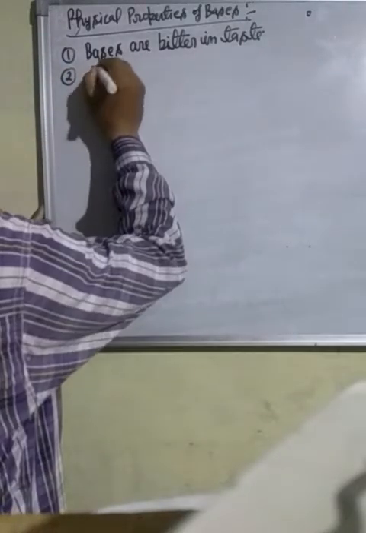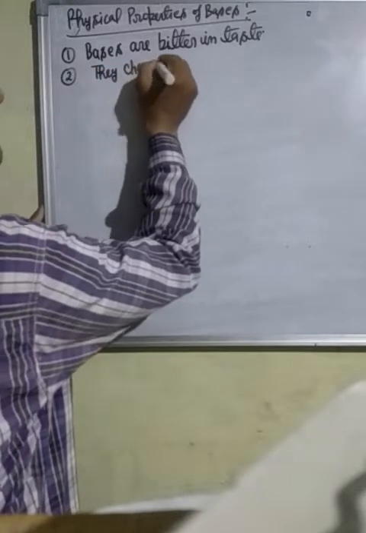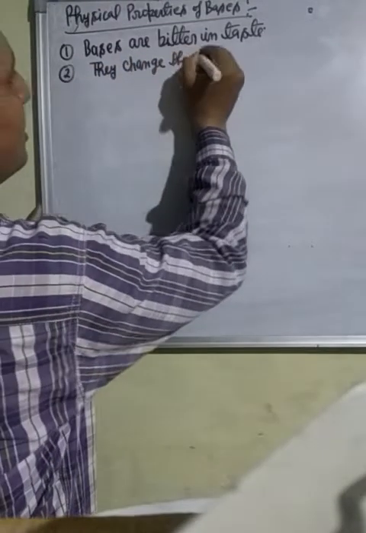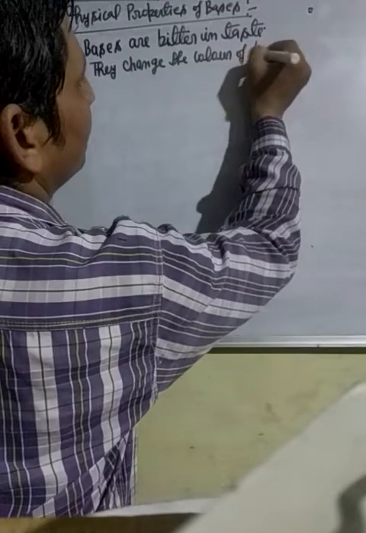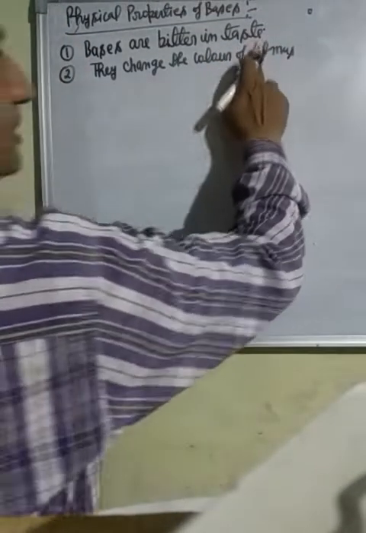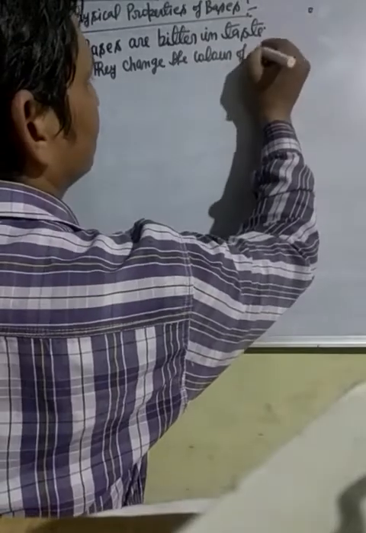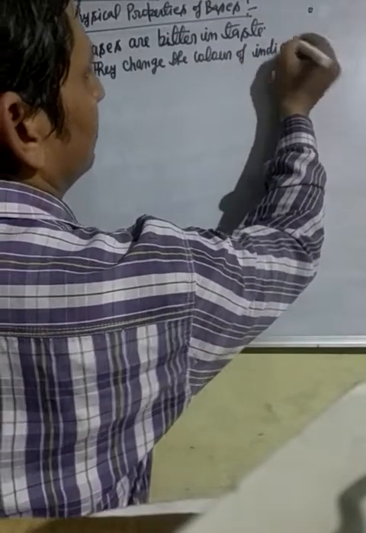Bases change the color of litmus. They change the color of indicators, or litmus is also right.